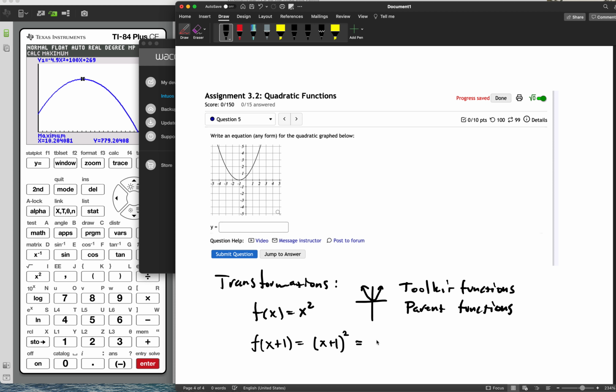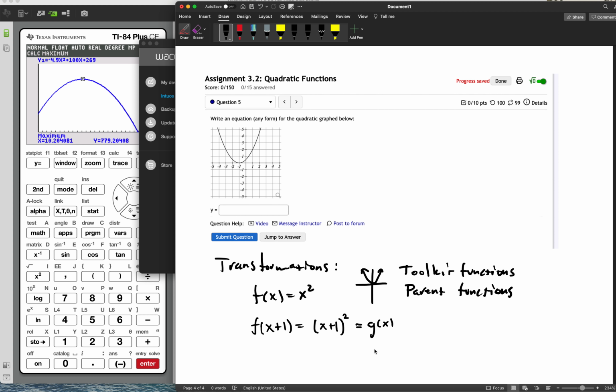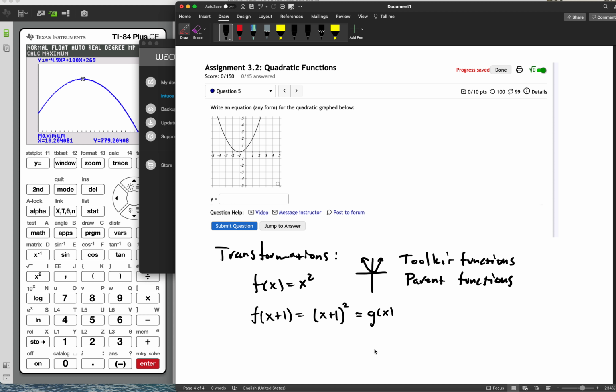Sometimes we get to give this new function a simpler name. Sometimes we call it g of x. Of course, this is only one transformation of the plane. You can have other transformations of the plane.